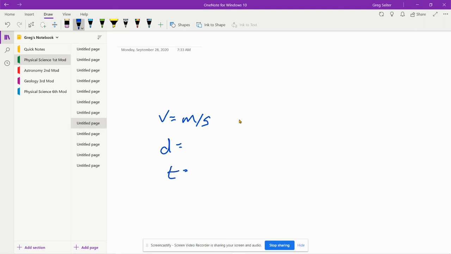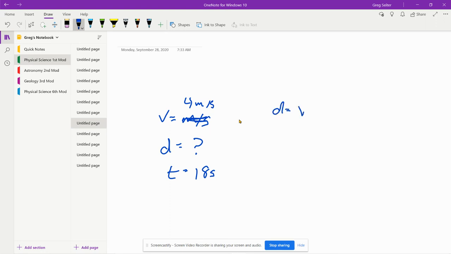Okay, so D. At dinner, you got mad and threw your burrito at 4 meters a second. It flies for 18 seconds. How far did the burrito go, how much distance did it cover? I don't know why I didn't put the 4 in there. Let's redo this. 4 meters a second.